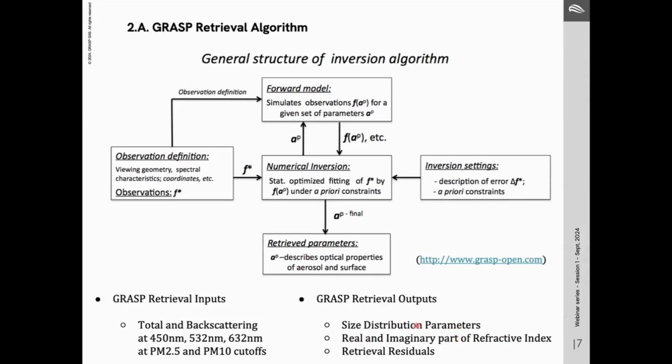Apart from that, we also provide the retrieval residual, which is basically an indication of how well we fit the measurements. And in GRASP, depending on the information content provided by the instrument, we also retrieve parameters with very different complexity. For example, for much more advanced observations, we can use 22 triangular bins to describe the size distribution, like the AirPhoton style.